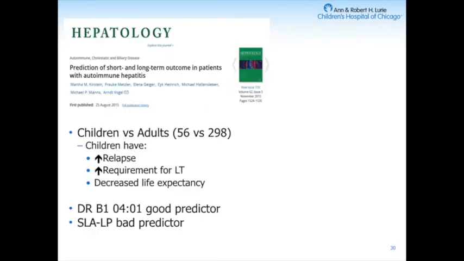This is another study that I think I've seen the graphs from a lot of people. I took the graphs out because they look awful. They just don't present well, but the basic thing on there is they had 56 kids and 298 adults. They showed that children are more likely to have relapse. They had an increased requirement for liver transplant and had decreased life expectancy.